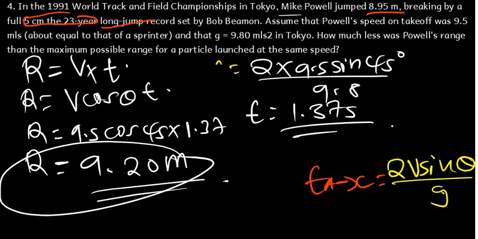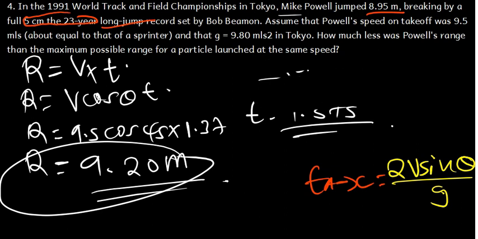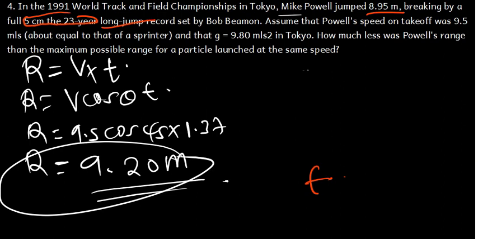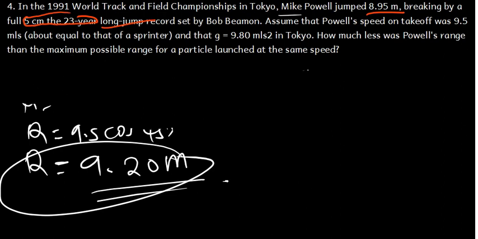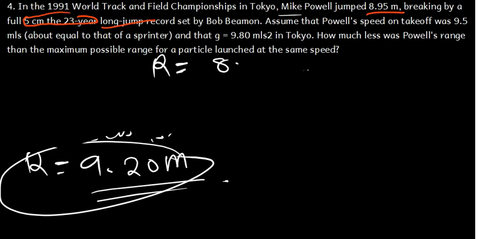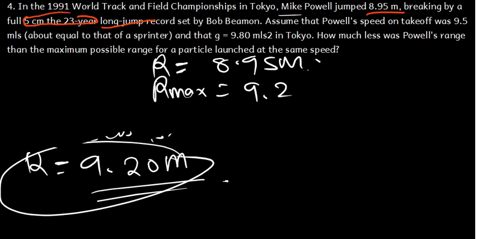Now they are saying how much less it was. Now what we have to understand here is this. Mikhail jumped, and the range which Mikhail had was 8.95 meters. Now the maximum range he would have had would have been 9.20 meters.